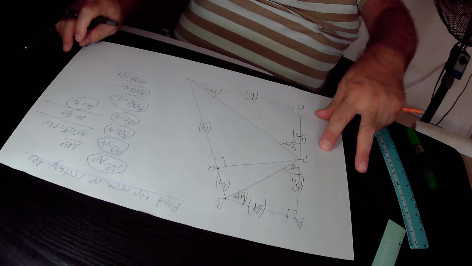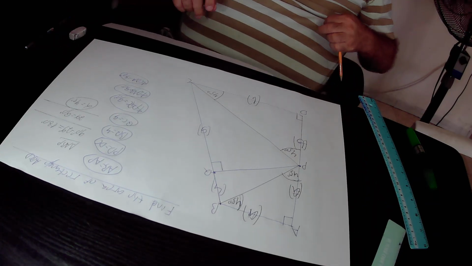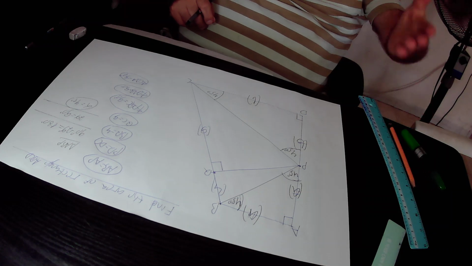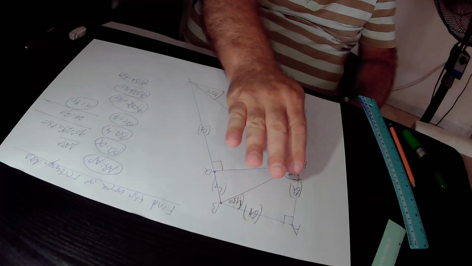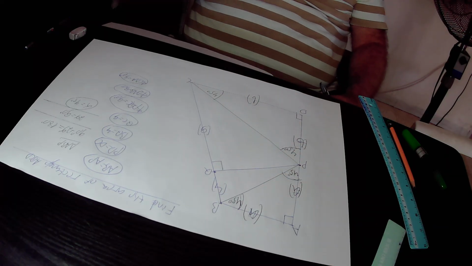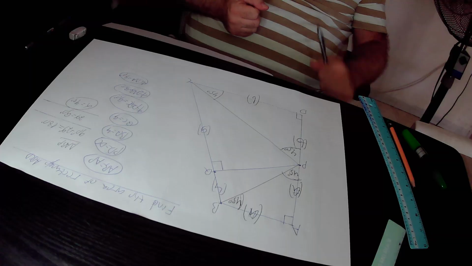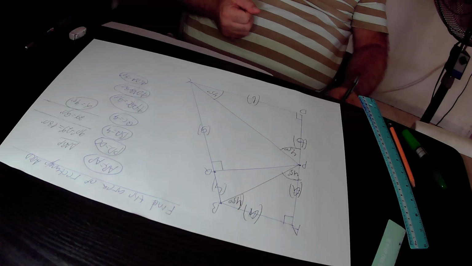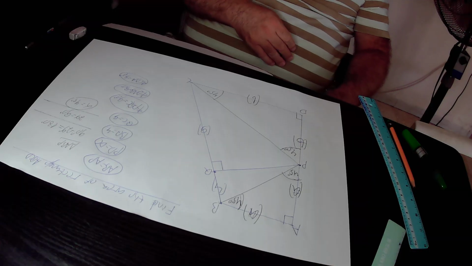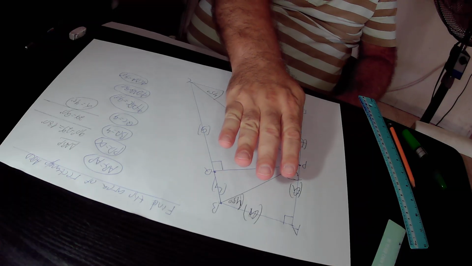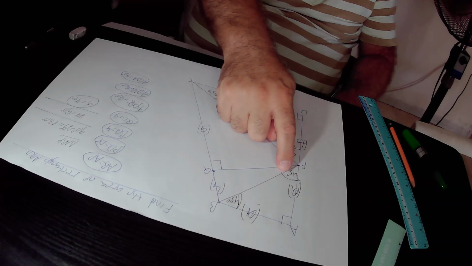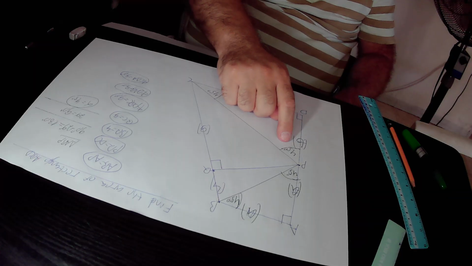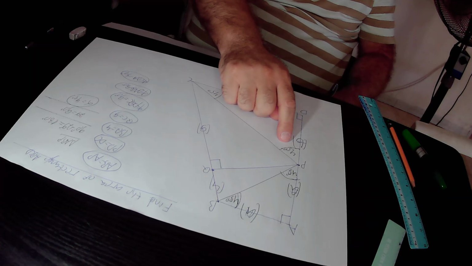So we know that AD is one side of trapezoid ABCD, and therefore it is absolutely a straight line. So if you focus on the right side of the straight line AD at point P, here the sum of the angles must be equal to 180 degrees, according to rule 3, that says that the sum of the angles on one side of a straight line is equal to 180 degrees. So which angles do we have at the right side of the straight line AD at point P? We have this angle that is 45 degrees, plus this angle that is 45 degrees. In total they are equal to 90 degrees.